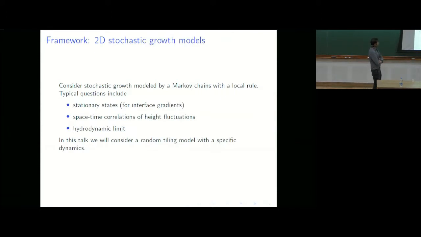For instance, you can ask for the stationary states. Run your dynamics. Have you got a stationary state? You could look at the space-time correlations of your height function. So you look at your surface, look at a particular point in your surface, and see how it correlates in space and time with other particles. You can also look at the hydrodynamic limit.